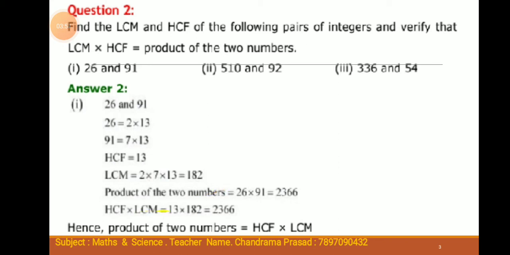Now, the product of the two numbers equals 26 into 91 equals 2366, and the product of HCF into LCM equals 13 into 182 equals 2366. Hence, the product of two numbers equals HCF into LCM. Hence, verified.